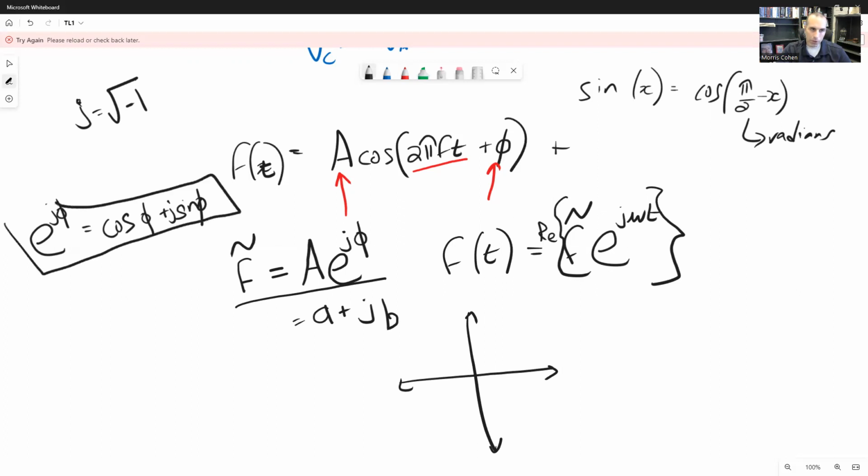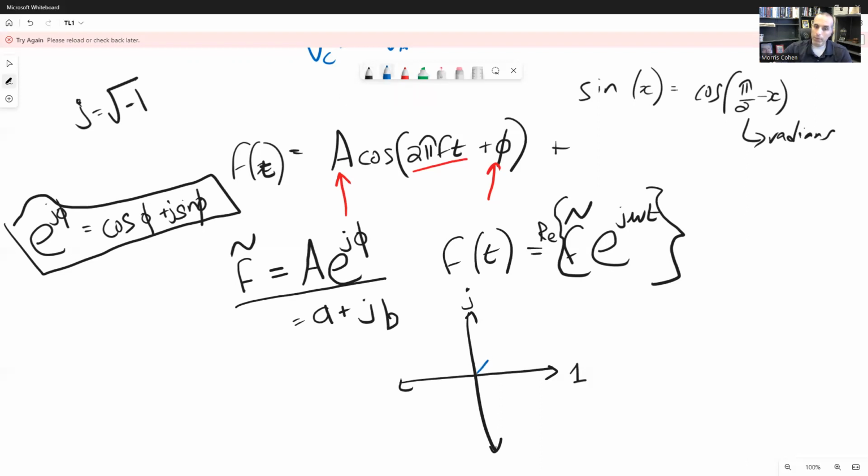We're not going to do this in this course. But what this tells us is that we can represent this graphically with a real and imaginary axis, with a 1 on the horizontal axis and a j on the vertical axis, in which case e to the j phi is going to have length 1, and it's going to have an angle phi with respect to the horizontal axis.